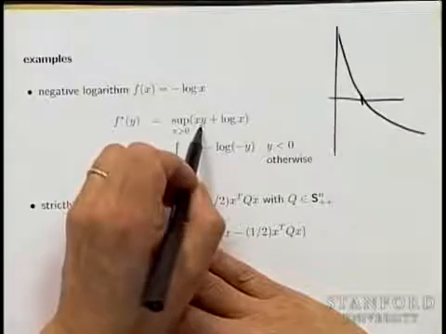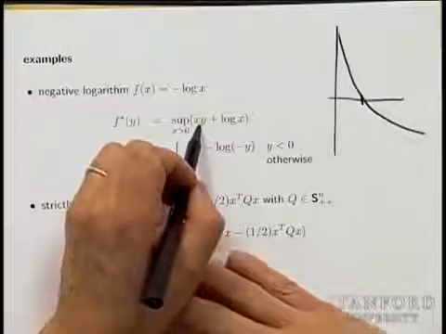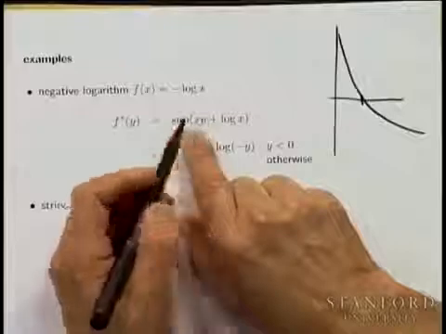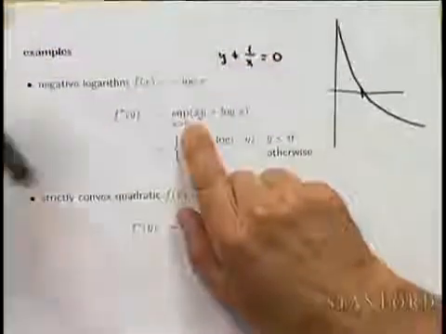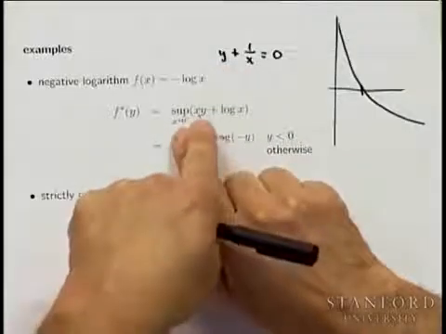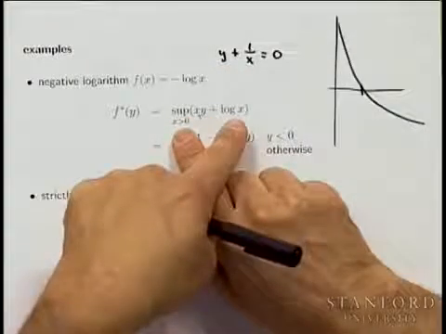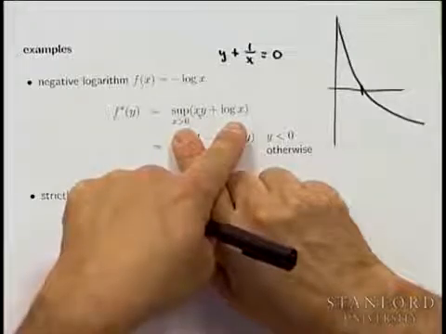Now, let's assume then that y is negative. This is interesting because now it's a log that's growing, but then you subtract a linear thing, and a linear thing will always win out over a log. To find out exactly where it reaches its maximum, you just take the derivative. These are smooth things. So you take the derivative of xy plus log x with respect to x, and you get y plus 1 over x equal to 0. That is the point x that would maximize xy plus log x, provided y is negative.